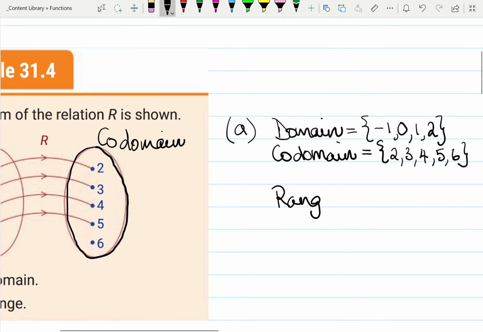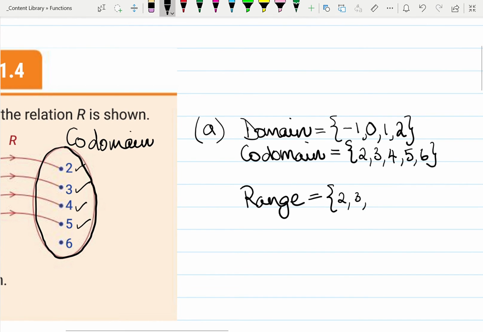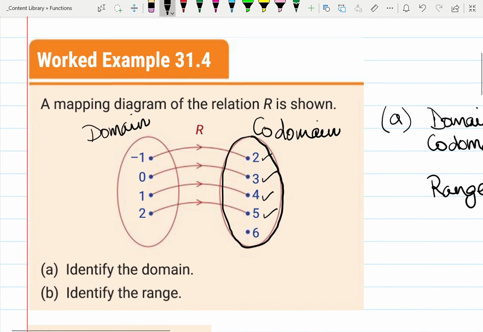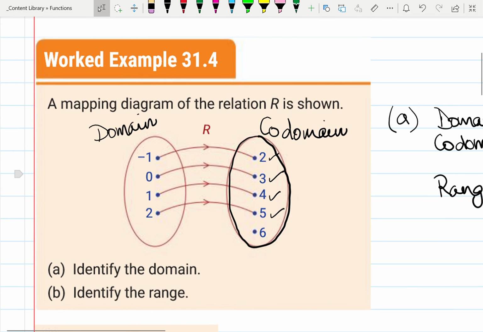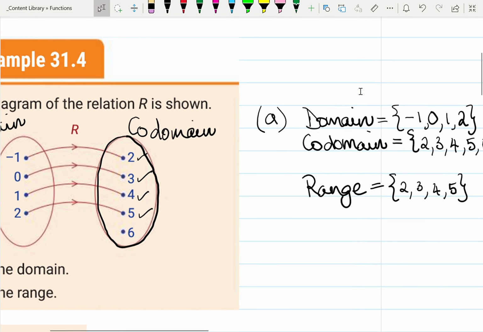So 2 is linked, 3 is linked, 4 is linked, 5 is linked, but not 6. So the range, again, is the outputs that the function actually uses. And that's just 2, 3, 4, and 5 in this example.